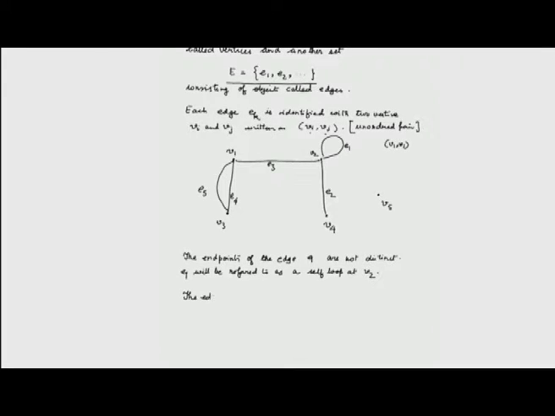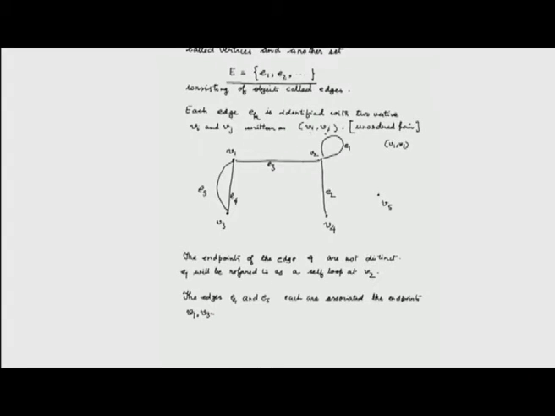So, we write this as the edges E4 and E5 each are associated to the end points V1, V3.